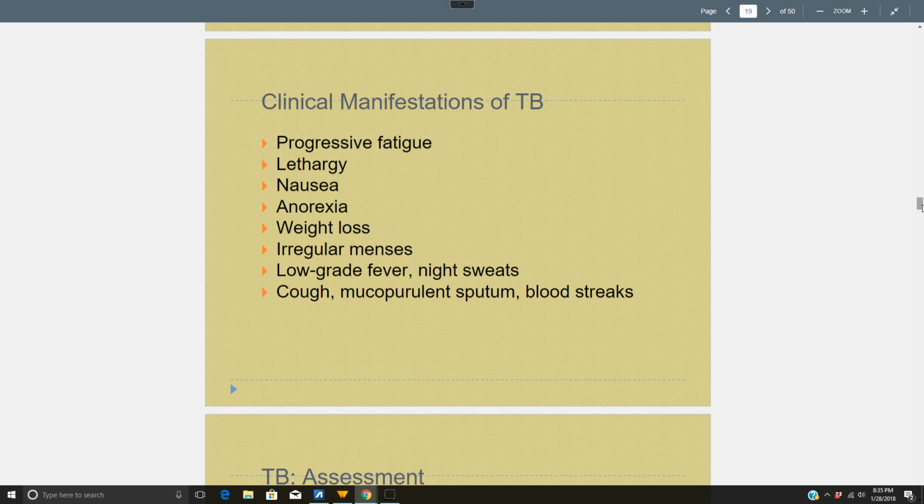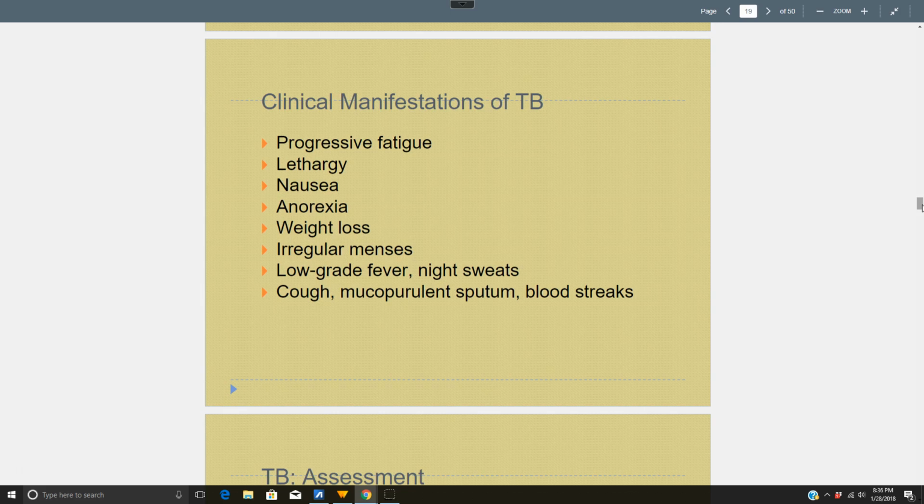So in your book on page 31 are the first line treatments for tuberculosis. Your isoniazid or INH, your rifampin, RIF, your pyrazinamide, PZA, and your ethambutol, EMB, are all about how we administer treatment and how these patients are treated pharmacologically when they're actually diagnosed with tuberculosis.